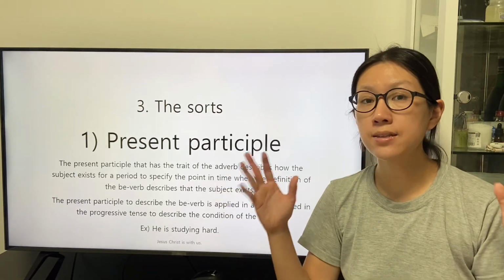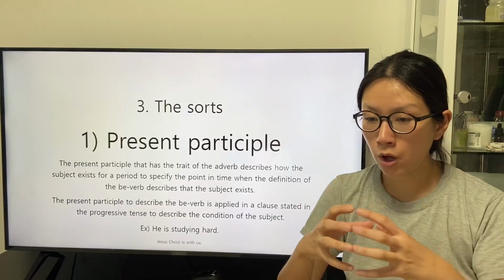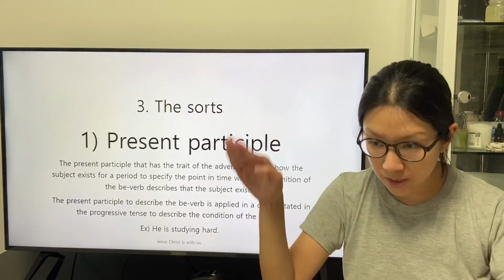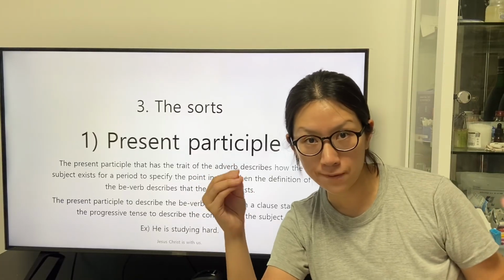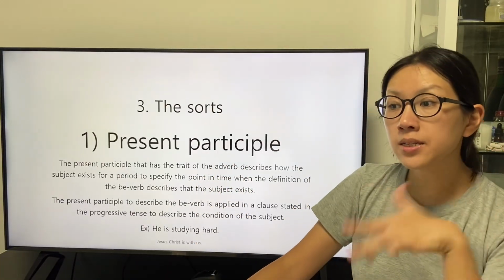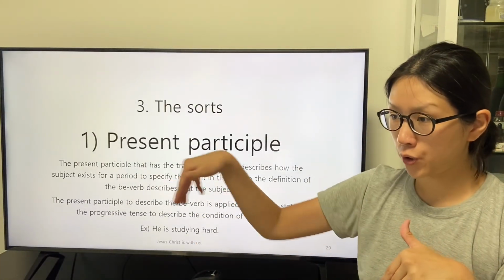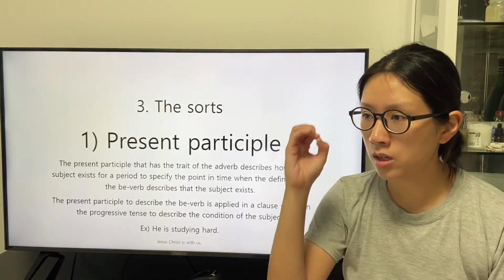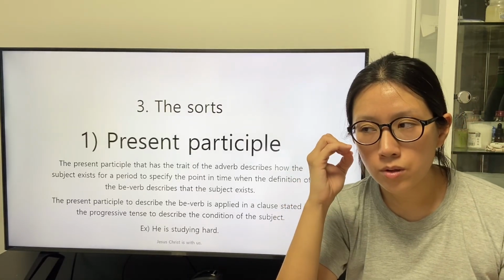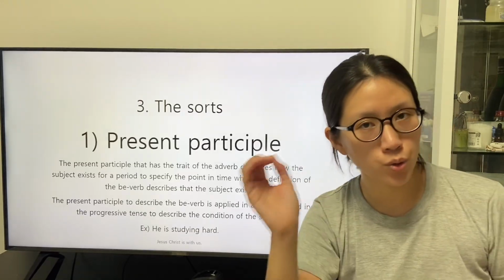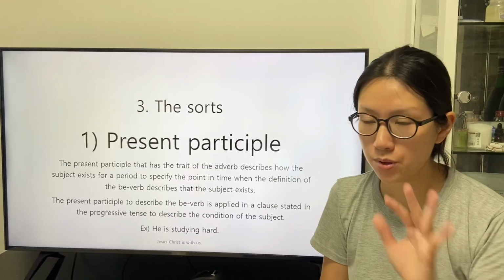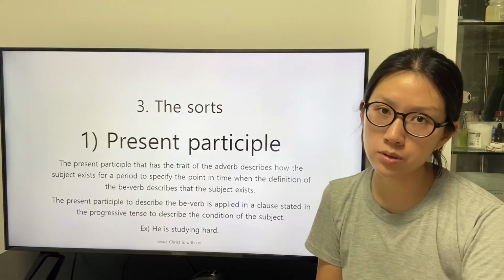So we can understand that the past participle applied in the clause stated in the passive voice of the speaker is included in the range of the adjective that can take on the role as a constituent of a clause, as a subjective complement that is essential for the clause.